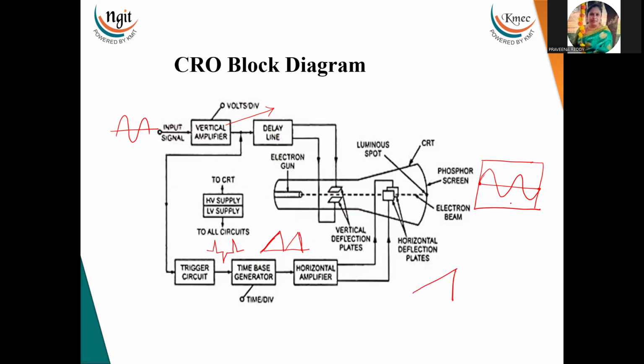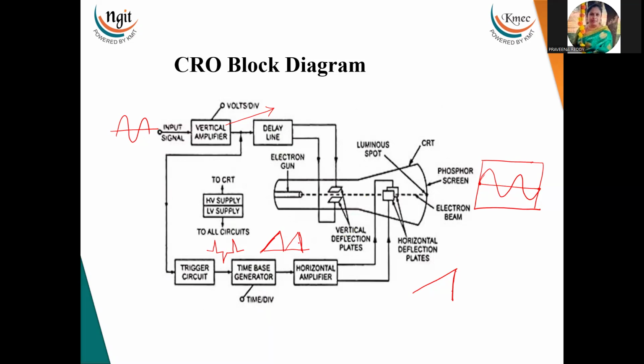This fall means that after reaching the end point, it is supposed to come back to the starting point. So for the beam to go from the starting point to the ending point and back to the starting point, this is needed. Because of this sawtooth waveform, the beam is deflecting in the horizontal direction.